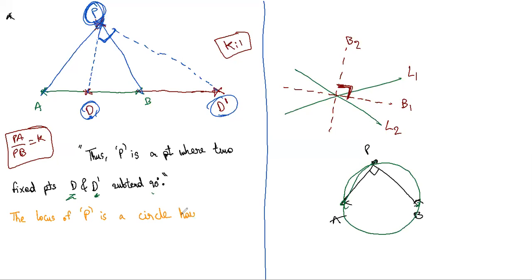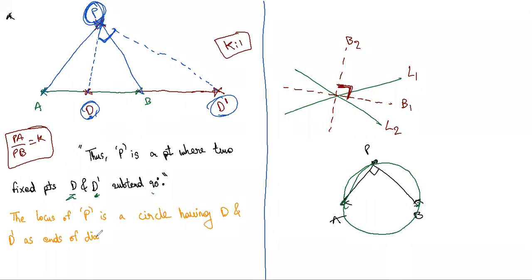The locus of P is a circle having D and D dash as ends of diameter.